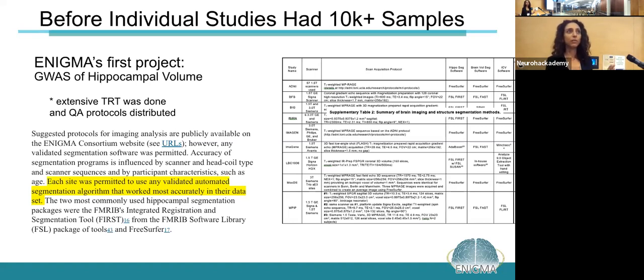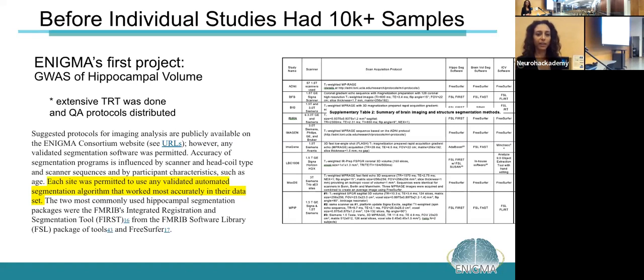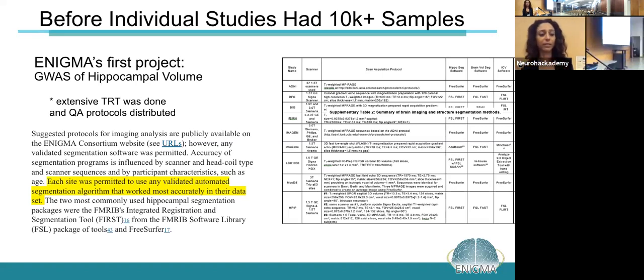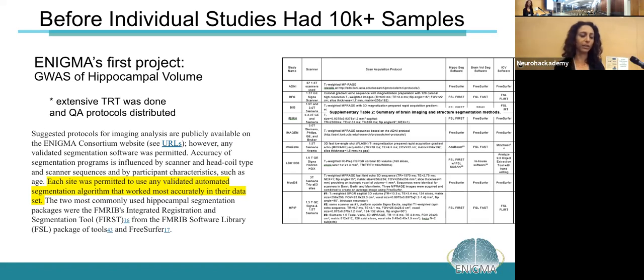There was no adjustment for software. And again, this was just a very first shot analysis to see whether this concept of being able to pool all this data, these diverse data sets together, could lead to anything. So yes, there's a lot of variability related to software in this analysis.